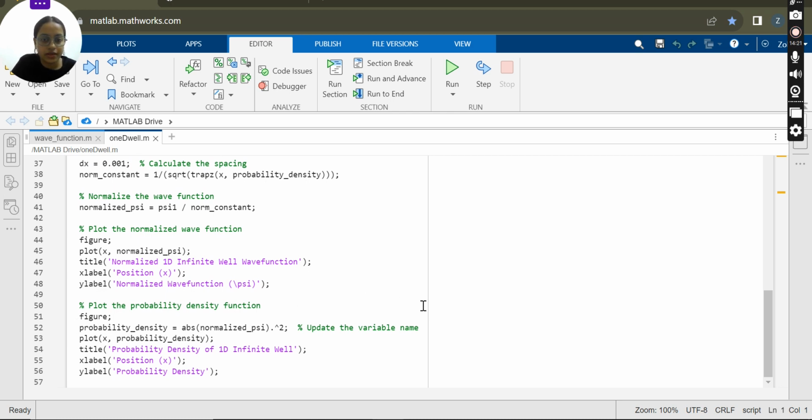And then in the next part of the code, I have calculated the probability density, which is nothing but the mod of psi squared, and then again plotted the value using the plot function, and added other things. Let me just run this code and see what it does.